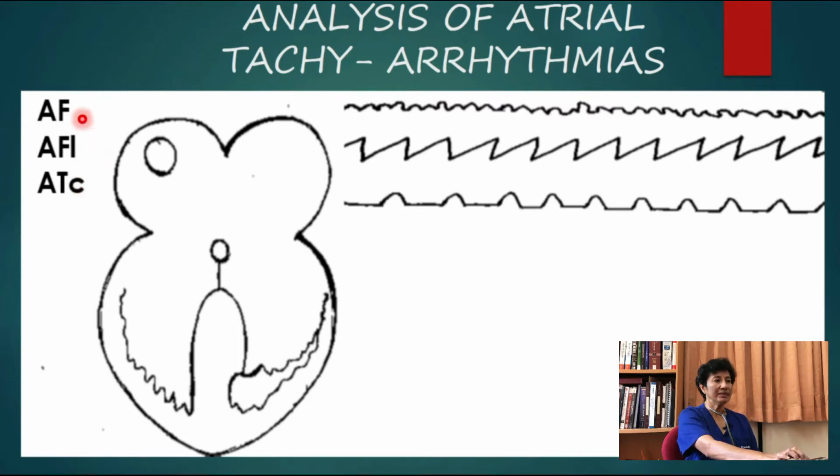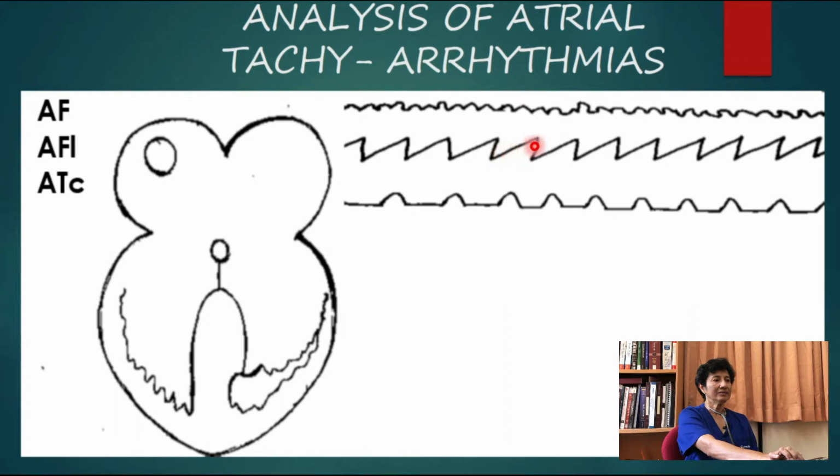During atrial fibrillation, on surface ECG, you can see irregular baseline. These irregularities consist of very low amplitude undulations. During atrial flutter, surface ECG shows a sawtooth appearance.